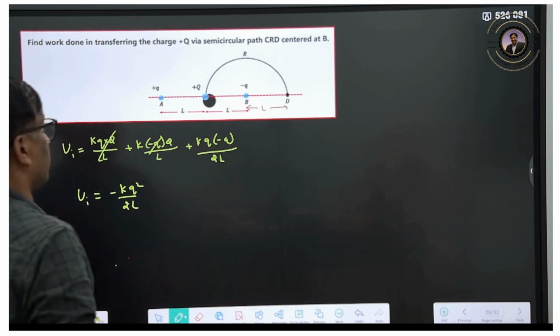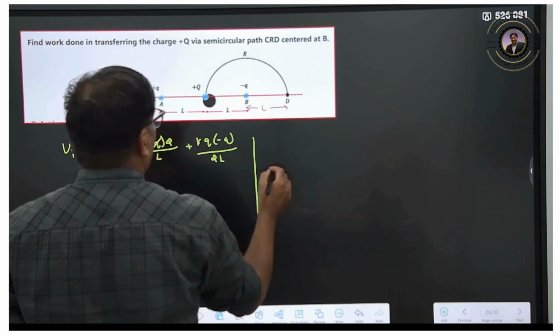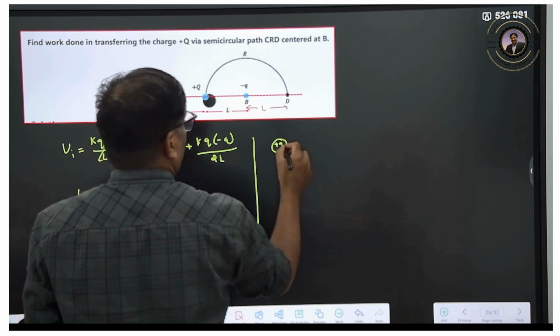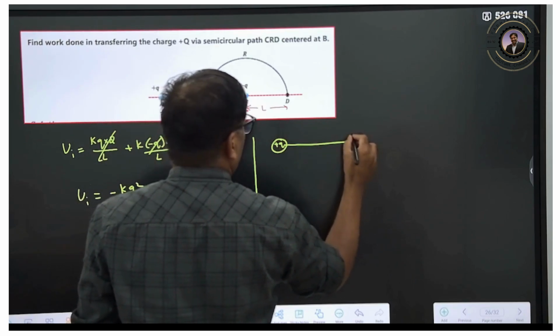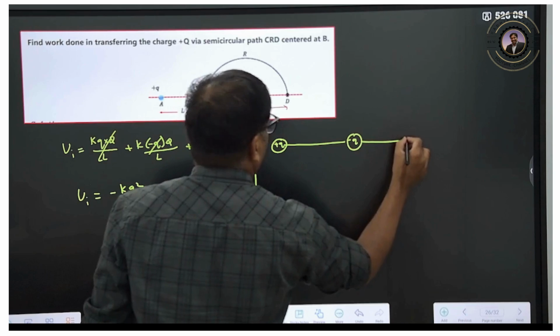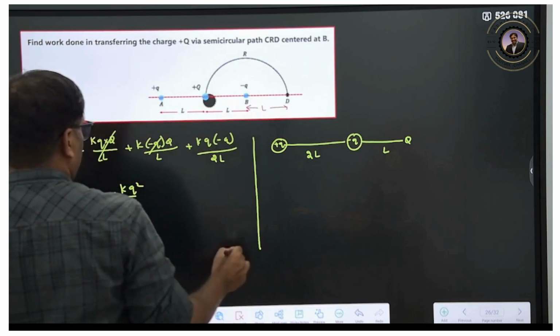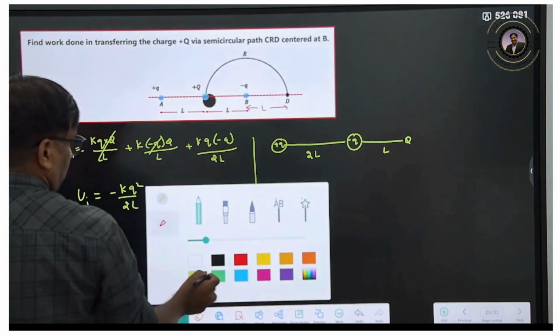Clear? So what is the final potential energy now? Finally what happened? This will be your plus q, and this will be your minus q, and this will be your capital Q. So this distance is 2L, it is L. Now what is the final potential energy?